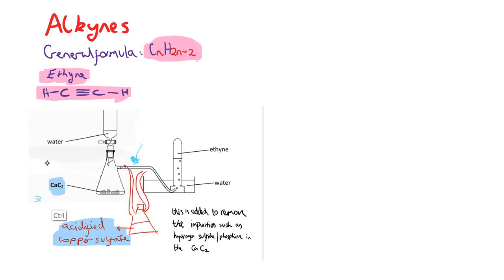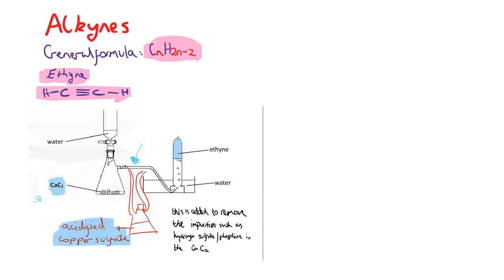So all you're doing here is taking calcium dicarbide and using the water, essentially getting the hydrogens from the water and the carbons from the calcium dicarbide to create ethyne gas. Again, it's done collecting over water using a trough and a beehive stand and a delivery tube because ethyne isn't very soluble in water.